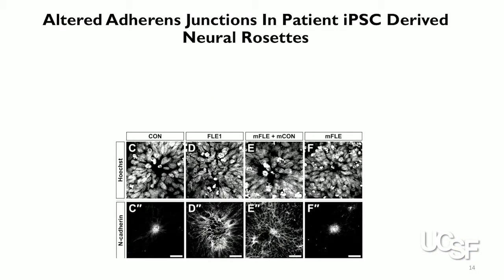So the next experiment CC did is, since we see this high expression level of PCDH19, whether in the patient-derived neurons the structure or morphology has been disrupted or altered. The answer is, indeed it is. She has done stainings for the apical center, the lumen, the junction of the neural rosette, with an N-cadherin antibody.